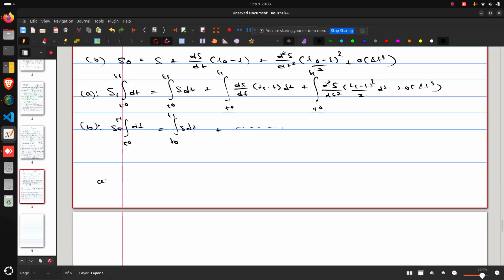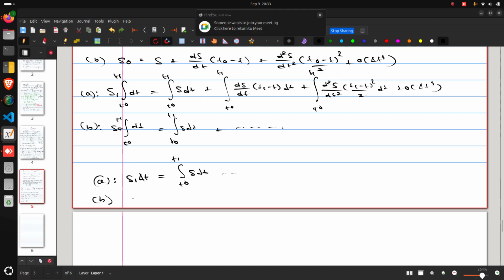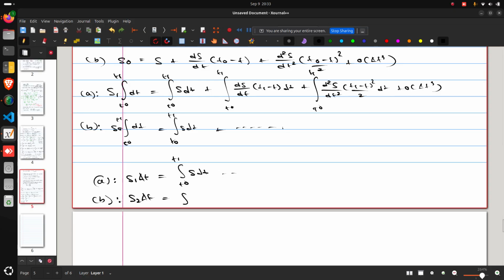Now what is this? This a will become something like this, right? So S1 delta t, since t1 minus t naught is delta t, plus the integral from t naught to t1 of S dt. Similarly for the b part, for equation b, it will be S2 delta t, plus the integral from t naught to t1 of S dt plus all the other terms.